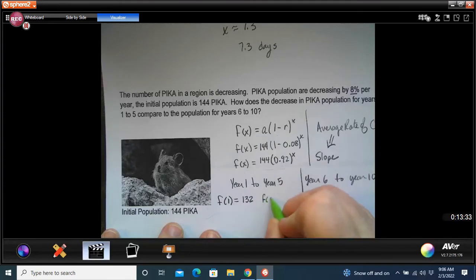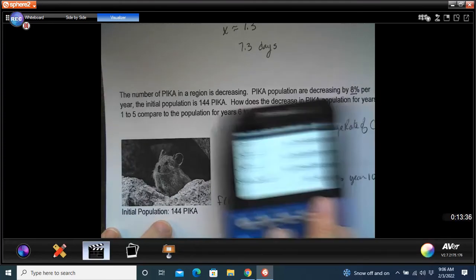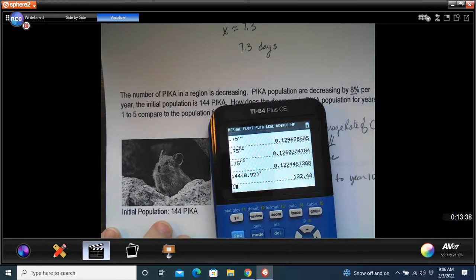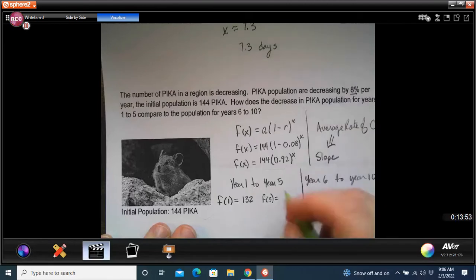Then I'm going to find f of 5. I'll do the same thing: 144 times 0.92 to the fifth power, and I get 94.90 and so on. Your book is going to call that 95.